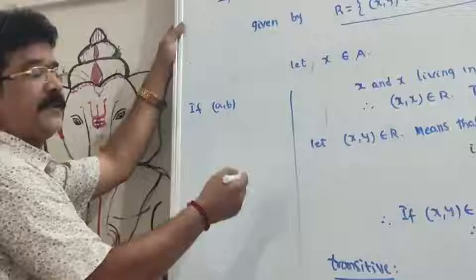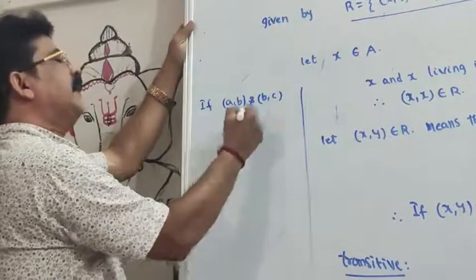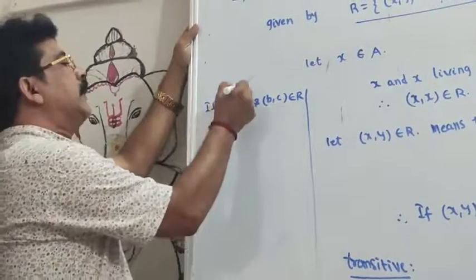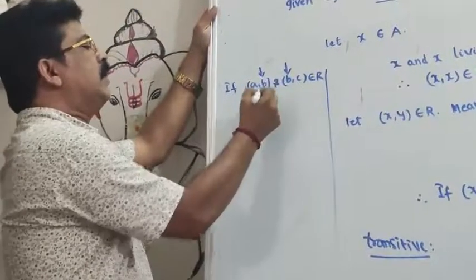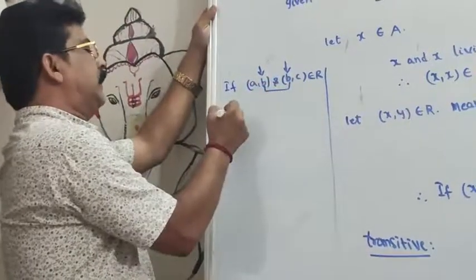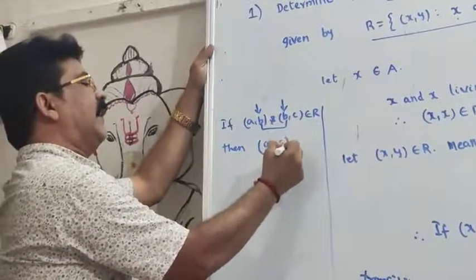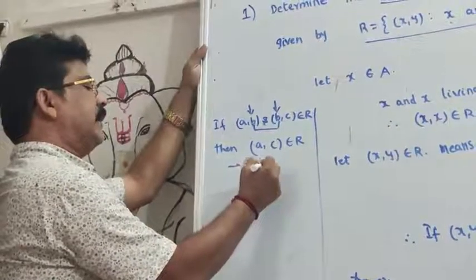If A comma B and B comma C belong to capital R, remember, one pair ends with B and the other starts with B, both are the same, then A comma C belongs to capital R. It is transitivity.